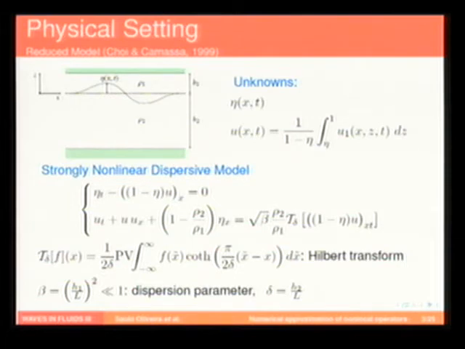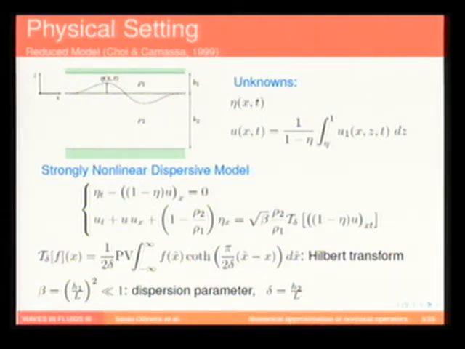So our equation will come from these strongly nonlinear dispersive equations. This is an internal wave model where you have two layers, and the unknowns are the displacement of the internal layer plus a depth average horizontal part of the velocity field on the upper layer.